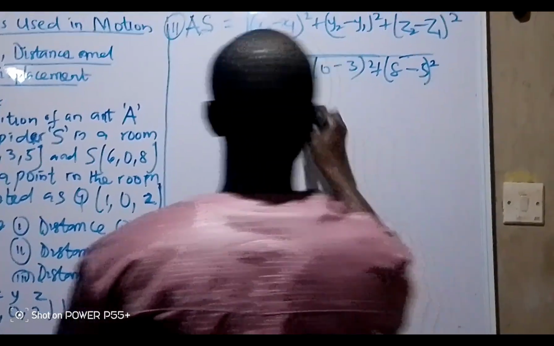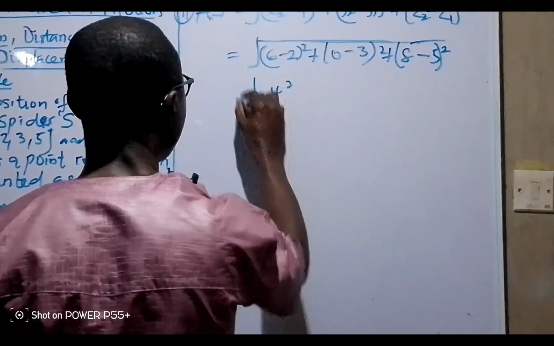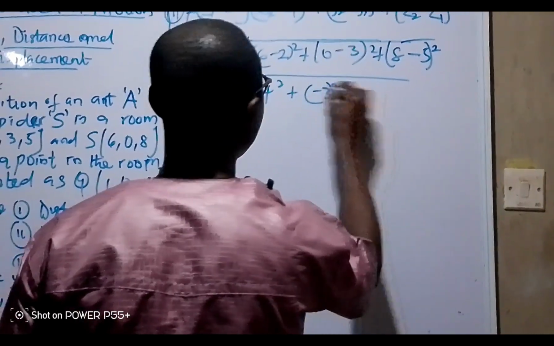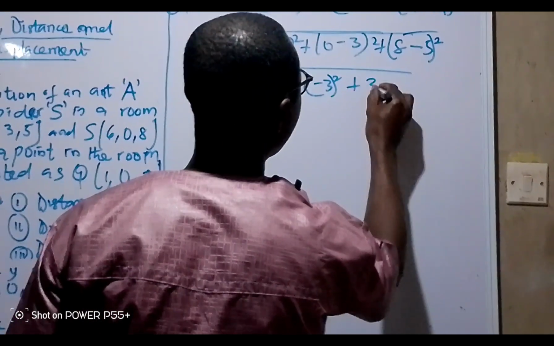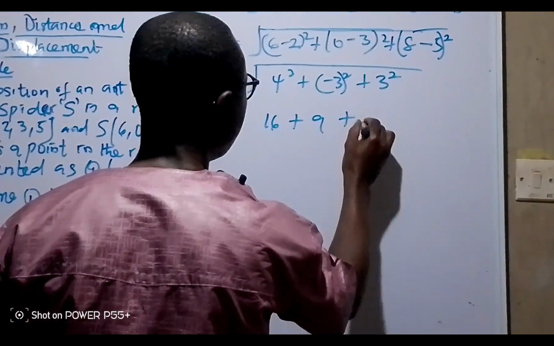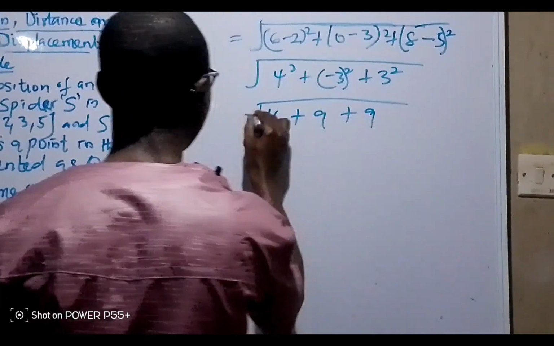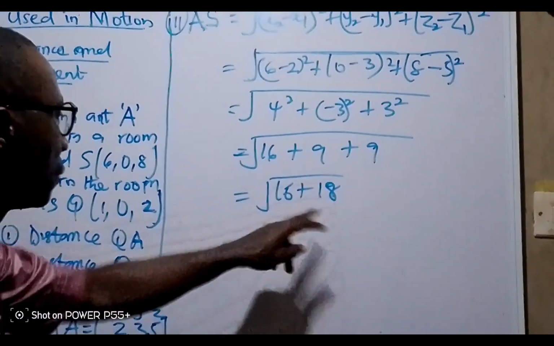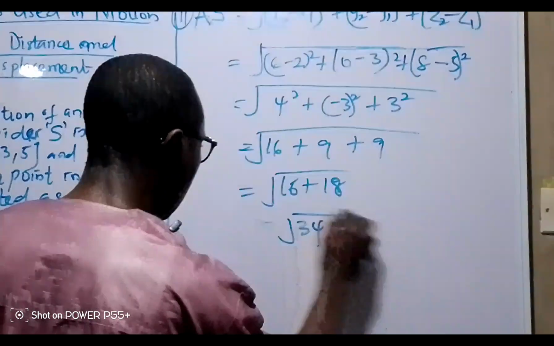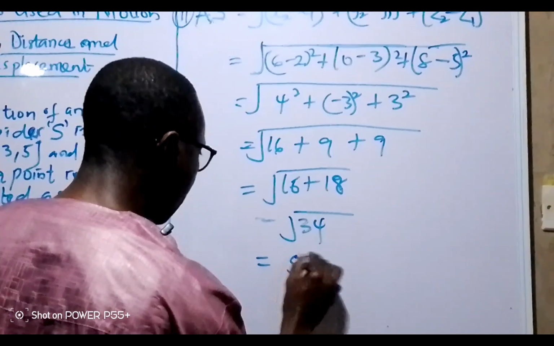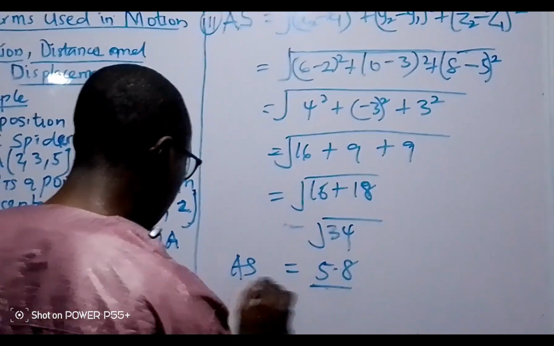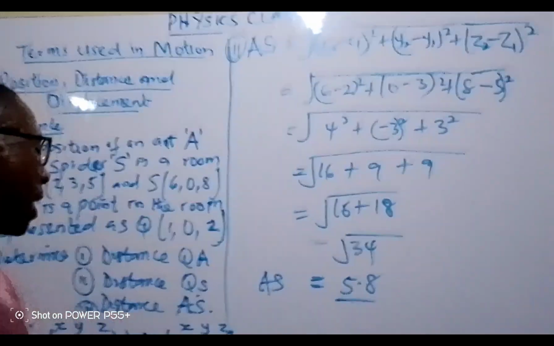So this one will now give us 4 square plus minus 3 square plus 3 square. So this one we got 16 plus 9 plus 9. Now this one we go for 16 plus 18. That will be 34. And the square root of 34 is 5.8. That's the distance between the ant and the spider.